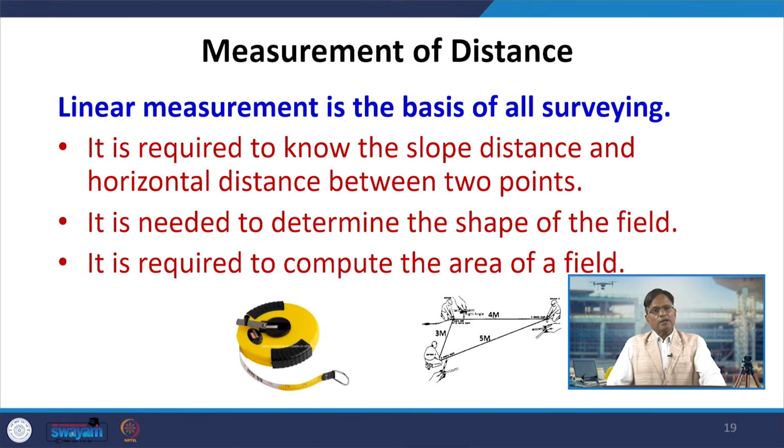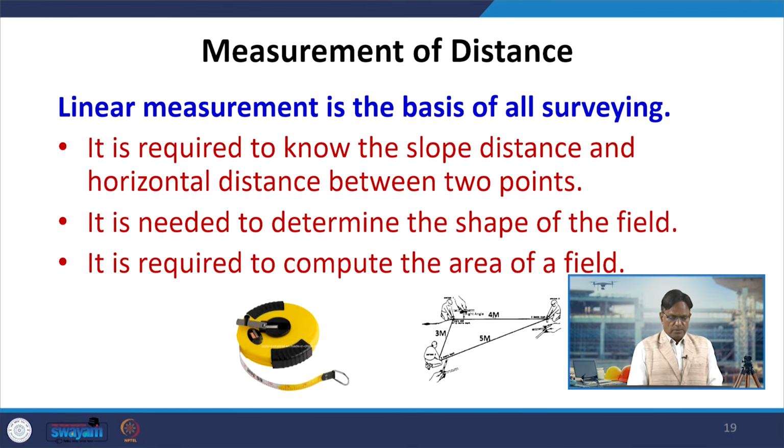We need the angle in order to determine the slope distance. So, all these measurements are required to determine the shape of the field in which mapping is carried out. It is also required to compute the area of the field. If it is a rectangular field, it is very easy calculation once we know the length and the breadth.